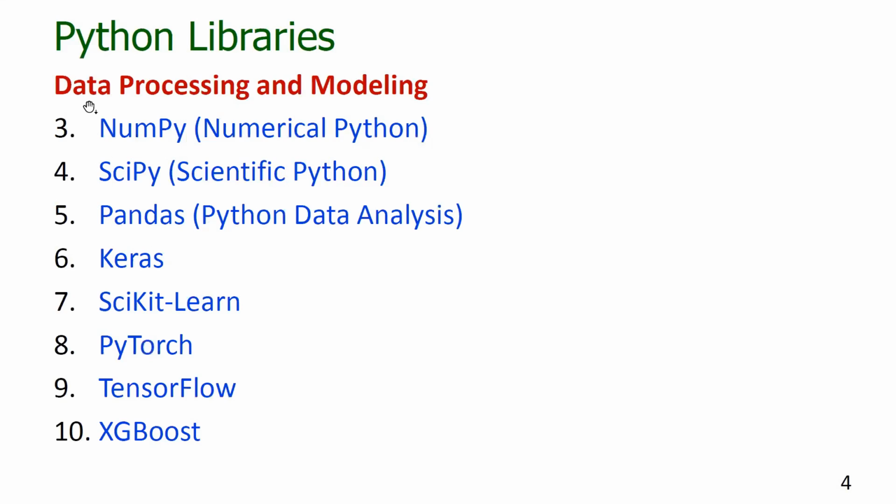Related to data processing and modeling, the Python libraries are NumPy, which stands for numerical Python. Then the next one is SciPy, which is scientific Python. The next one is Pandas, which stands for Python data analysis.